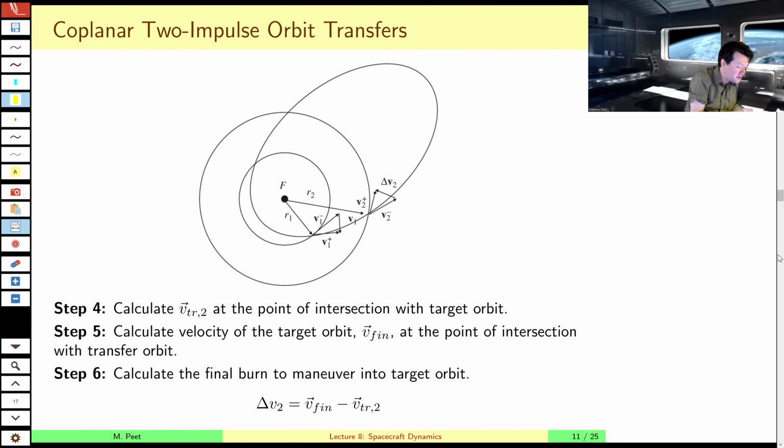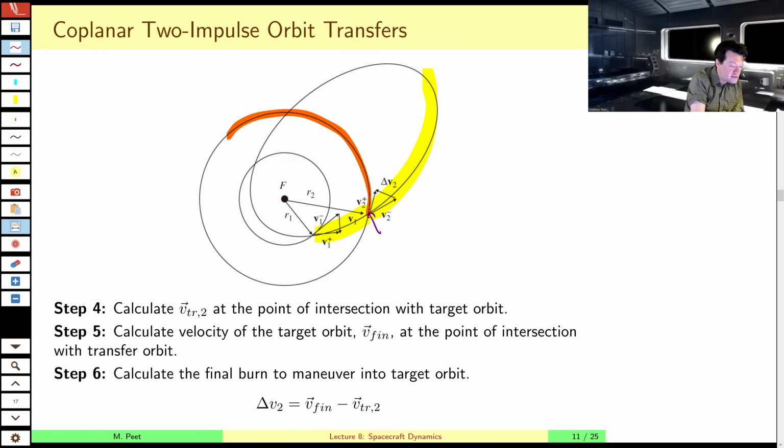Okay. So now you're on your transfer orbit. Let's see, what was I color coding that? Maybe yellow. And I'm pretty sure this was my desired orbit. Here, I'll just continue that transfer orbit up there. And so now you get to the point where these two orbits intersect. And presumably you design your transfer orbit so they do intersect.